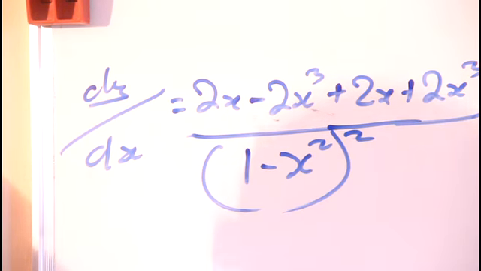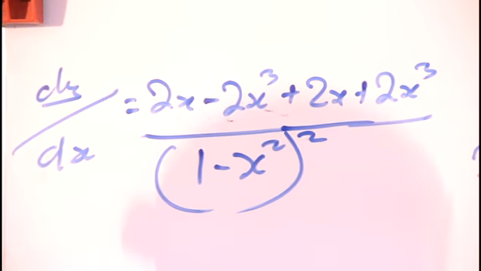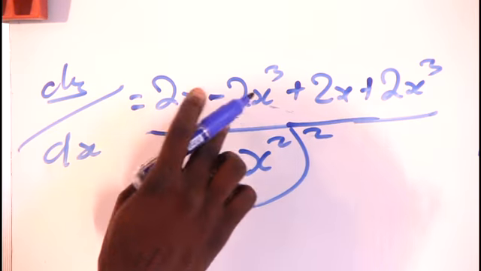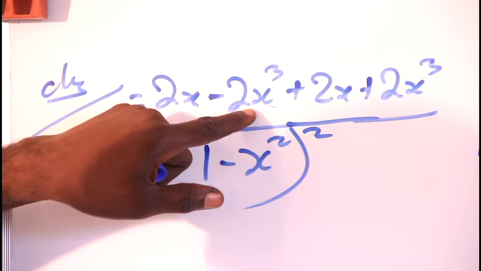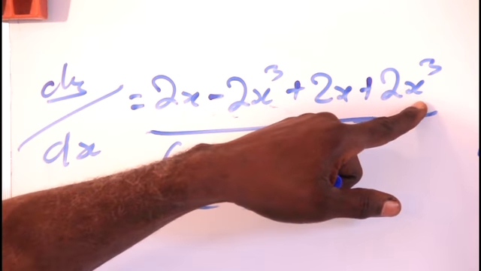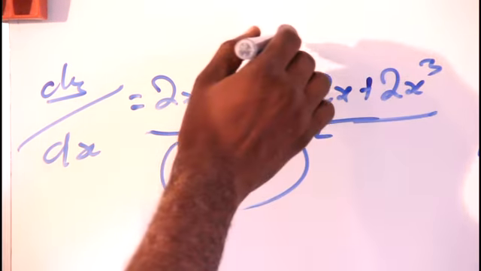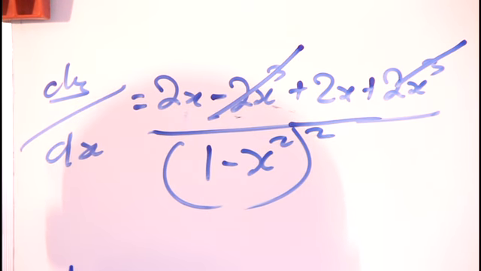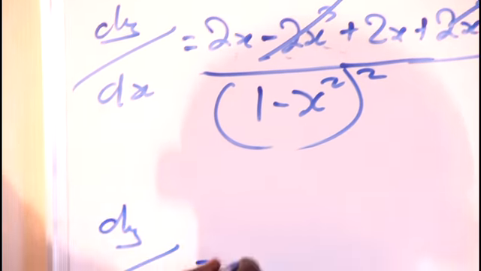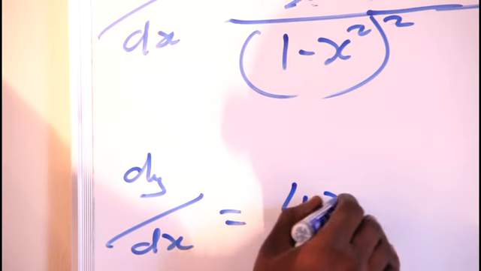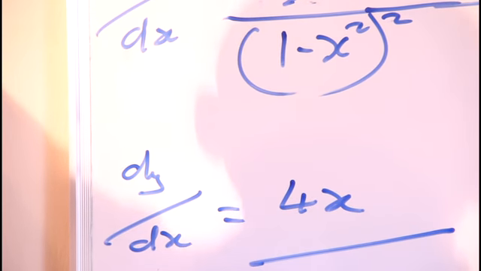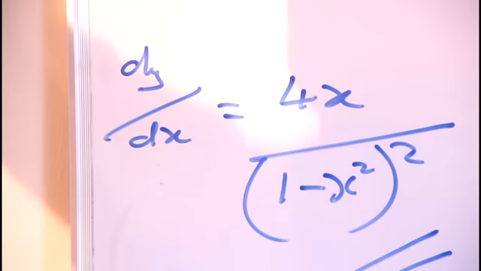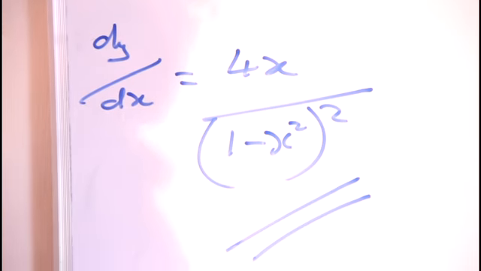So in cases like this, you will notice that this is the additive inverse of this. So that will go. This will strike out this. We'll end up having dy over dx equal to 4x all over 1 minus x squared all squared. This is the derivative of our function.